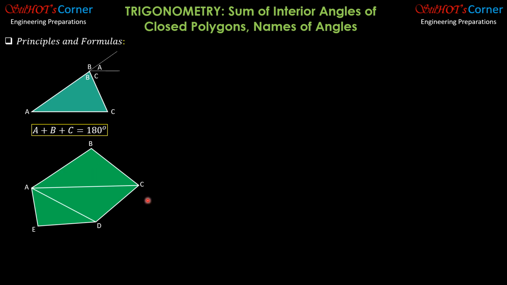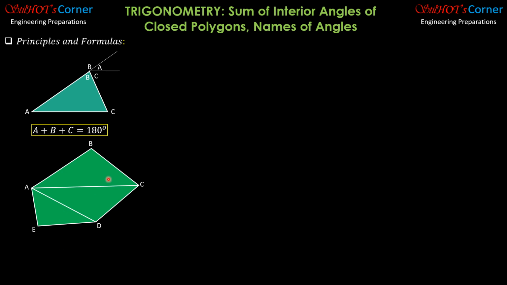If there are 4 corners or 4 sides, there will be 2 non-overlapping triangles. And if there are 5 corners or 5 sides, then we can draw 3 non-overlapping triangles. If there are 6, then we can draw 4 non-overlapping triangles.